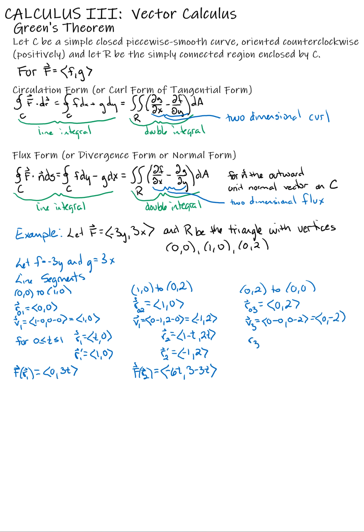So R3, again, that comes from our formula that we learned previously. That is going to be the vector 0, and that'll be 2 minus 2t. All right, so that will allow us to find R3 prime, which is 0, negative 2.